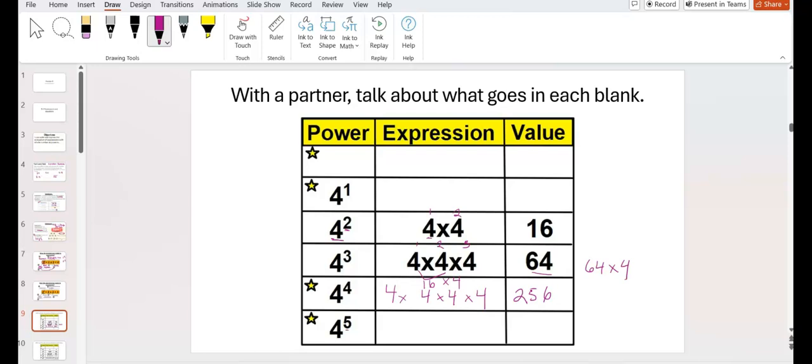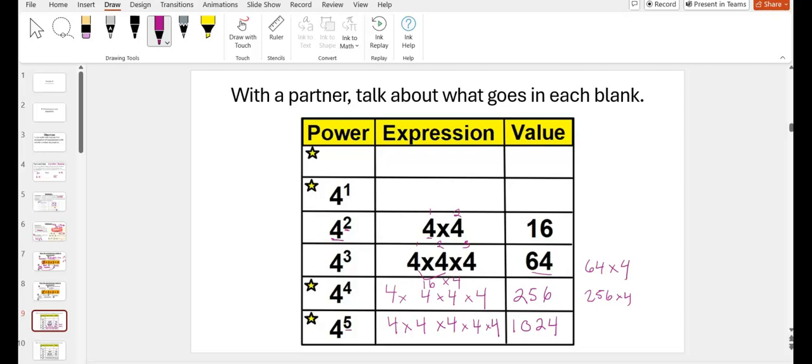Then down here, I'm going to have 5 4s. So 4 times 4 times 4 times 4 times 4. And I'm going to get 256 times 4, which is 1,000. And I think 24, if I remember correctly.